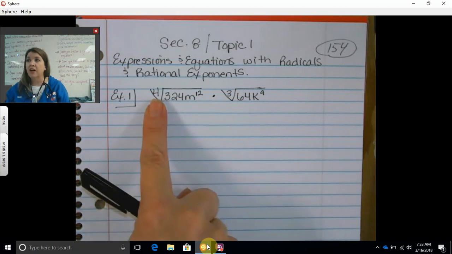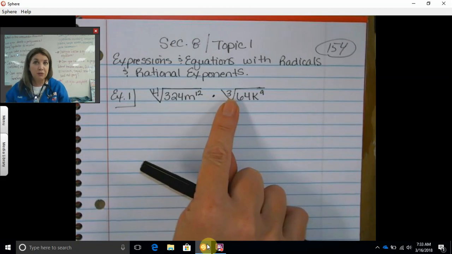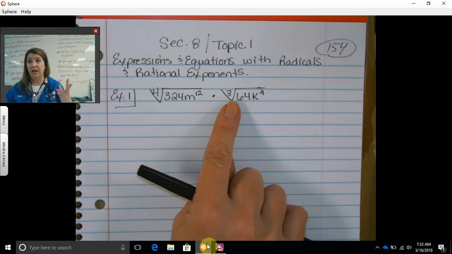When there's a 4 there, I'm looking for 4 identical factors. So 2 times 2 times 2 times 2: 2 times 2 is 4, 4 times 2 is 8, 8 times 2 is 16. What's the fourth root of 16? 2. The square root of 16 is 4. The fourth root of 16 is 2. If I'm looking for the cubed root, I need 3 of the same factors.